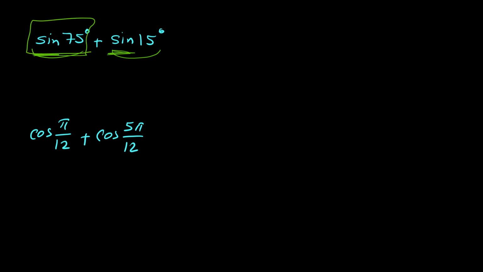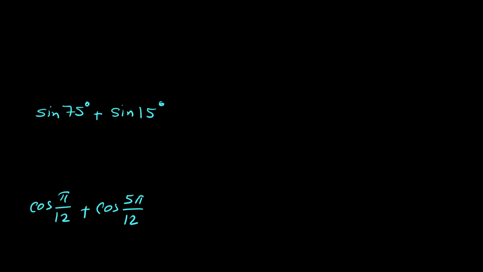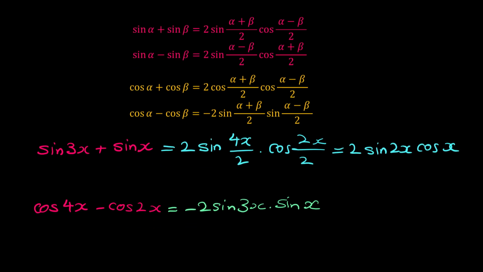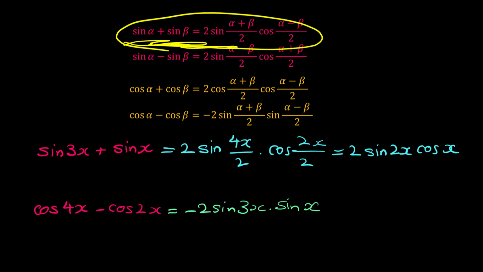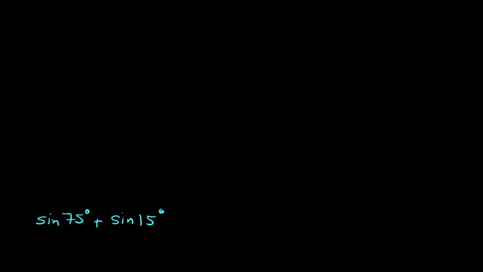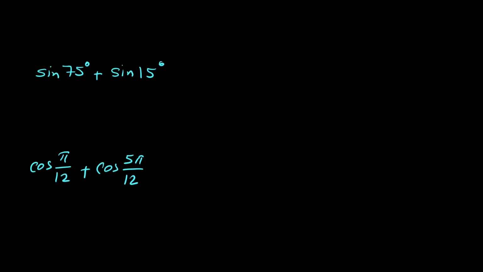Normally we don't know the value of sine of 75 degrees and sine of 15 degrees. But if we use the sum to product formula, sine of alpha plus sine of beta is 2 sine of the sum of the angles over 2 times cosine of the difference of the angles over 2, maybe it helps us simplify this.